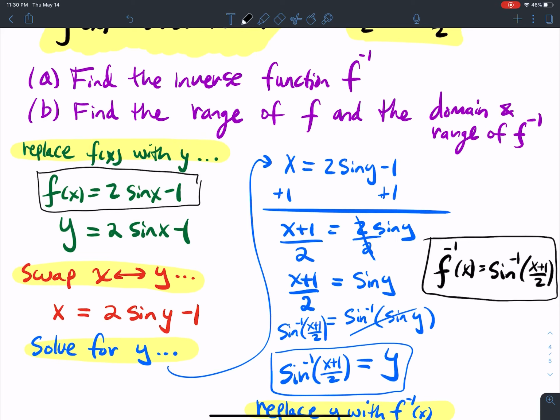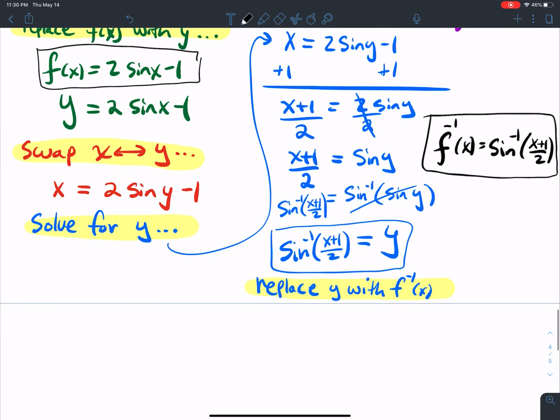All right? Now, the second part of the problem asks you to find the range of f and the domain and range of f inverse. So let's go back to f. f of x is equal to 2 sine x minus 1.